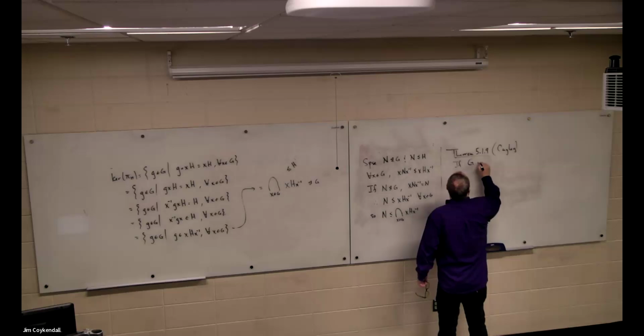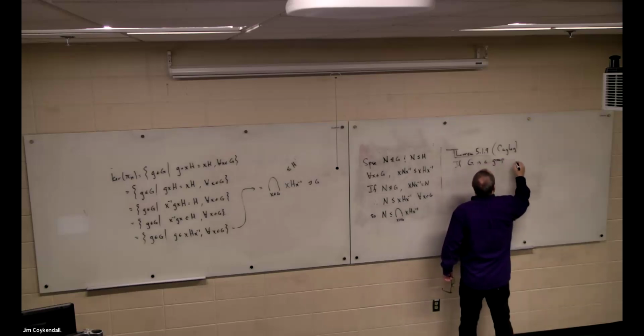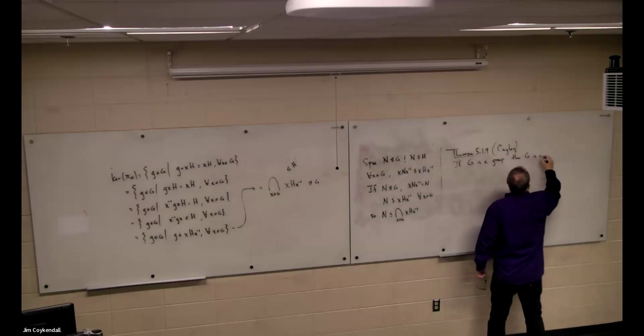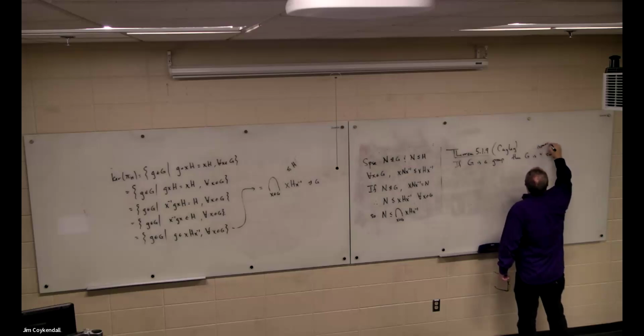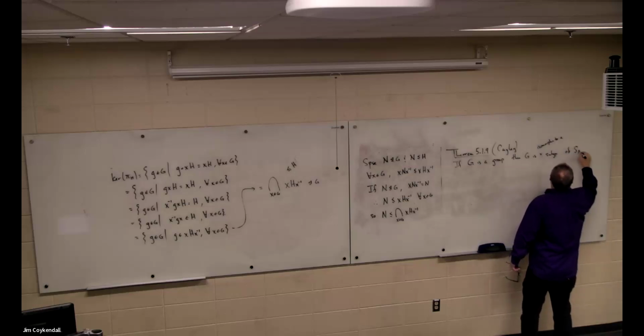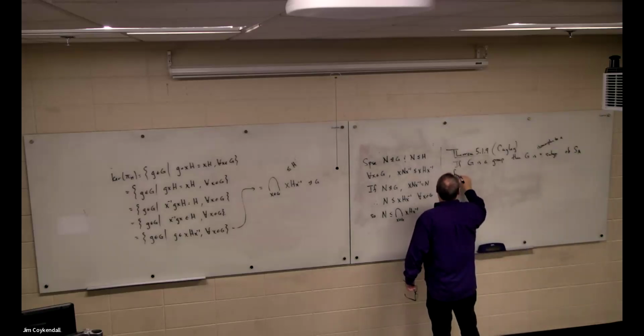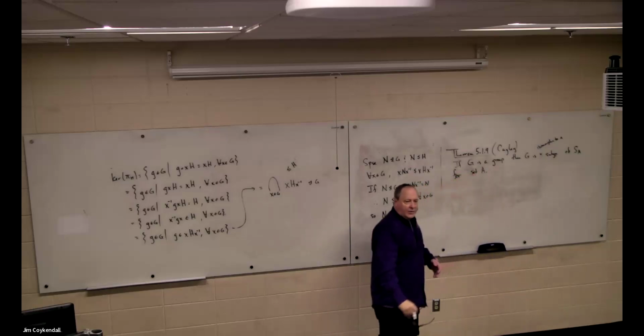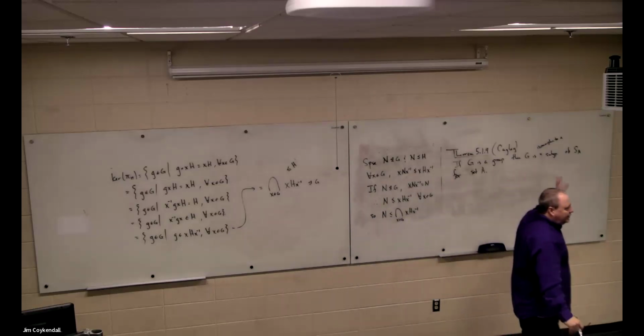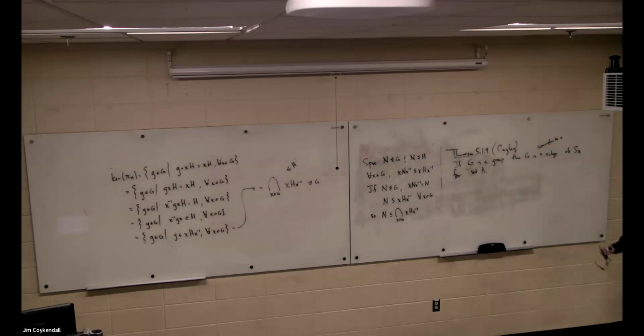If G is a group, then G is isomorphic to a subgroup of S_A for some set A. So what Cayley's theorem says is if you have any group, I don't care what it is, then there exists out there a set A such that G can be realized as a subgroup of the permutations on A. So a permutation group.